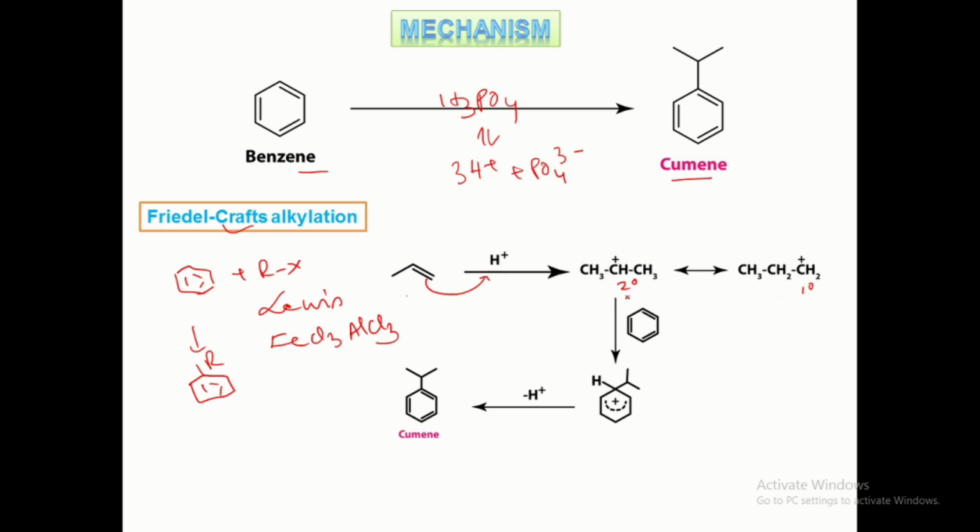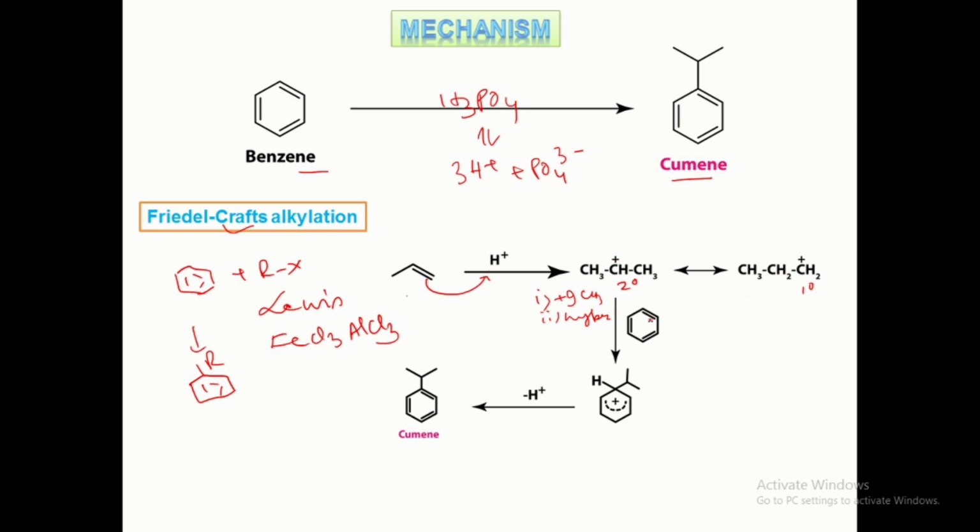The 2 degree carbocation is more stable than the 1 degree carbocation because of two factors: one is the +I effect of the methyl group, another is hyperconjugation. This 2 degree carbocation contains two methyl groups, therefore they push the electron towards the carbocation, so this carbocation becomes more stable than the 1 degree carbocation.